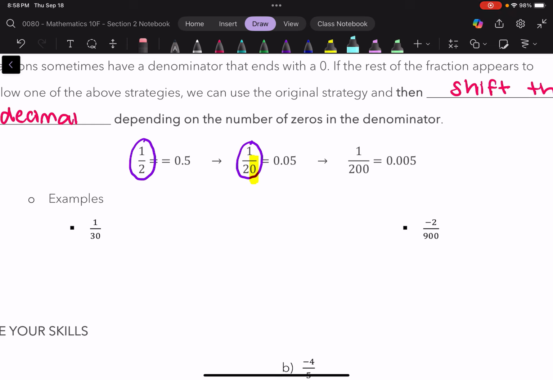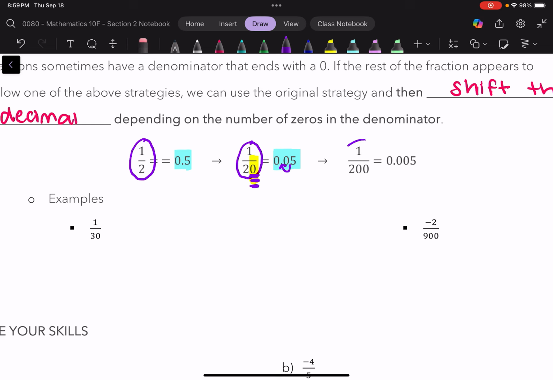Now notice the answers, or the conversion values, of the decimals. For 1/2, it's 0.5. For 1/20, it's 0.05. The difference between these two numbers is I would have had 0.5 and I shifted the decimal one to the left one time because there is one extra zero in that denominator as opposed to 1/2.